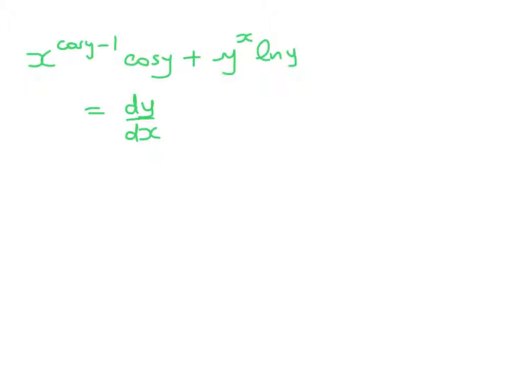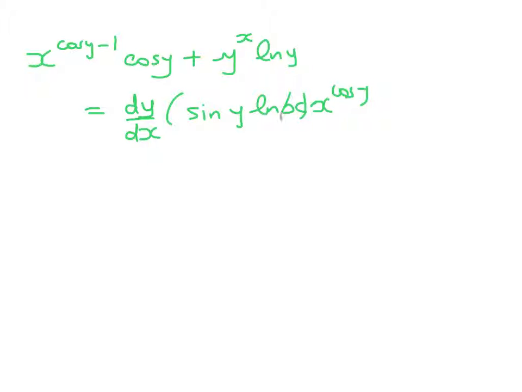Okay, so you should end up with this: x to the cos y minus 1 cos y plus y to the x ln y is equal to dy by dx times sin y log x times x to the cos y.